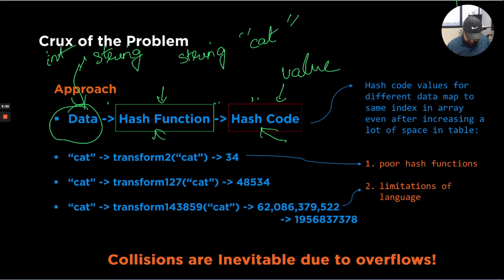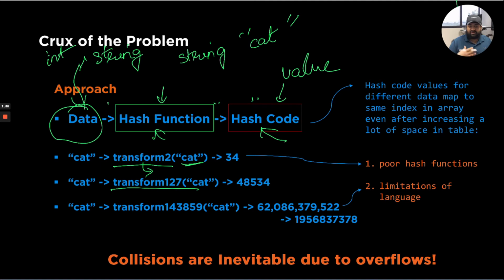Another thing we realized is that this hash code that we get can be really large, which is a problem because of the overlapping errors. So all the different functions that we saw earlier: first we discussed, let's say we have this cat and we use the power of 2 method, we had this transform 2, that's a hash function.